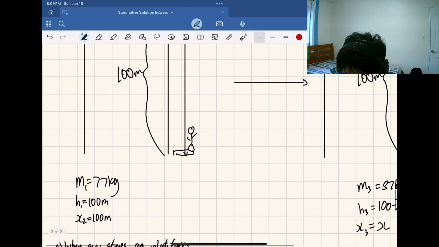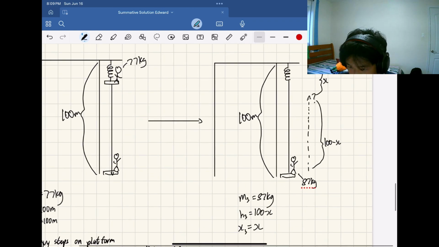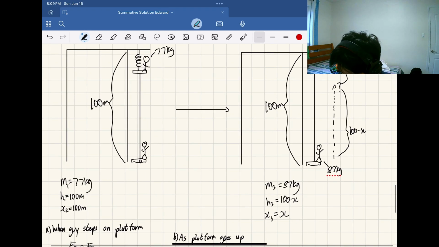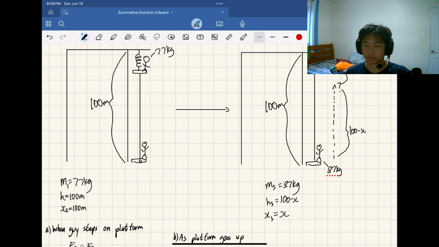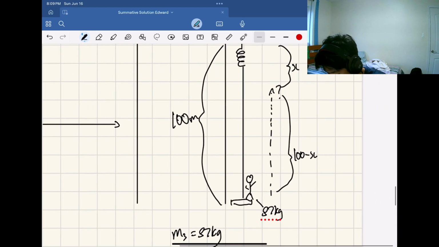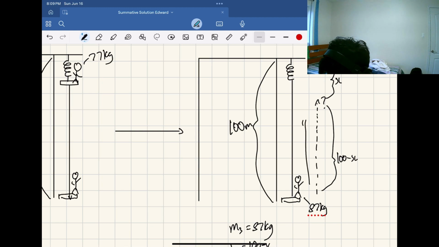With the k value, now we can move on to the second part of the energy section, where the guy is at the very bottom at ground level, and we're asked when he reaches the max height. Here is a diagram. As he goes up, this is the x value, which is what we're looking for.